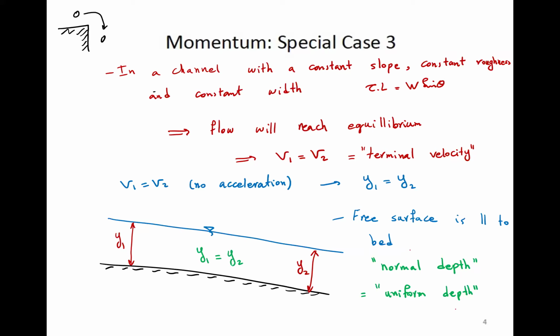And sometimes we use a notation called y sub n, or y sub 0, or something like that. But it's the same thing. It's the uniform depth of the flow. So far we really just came up with some definitions and terminology: terminal velocity, uniform flow, normal depth, and uniform depth, the same thing, and so on, right?